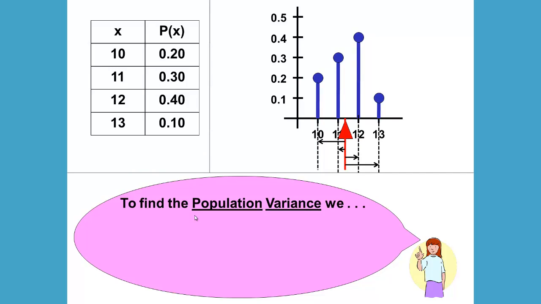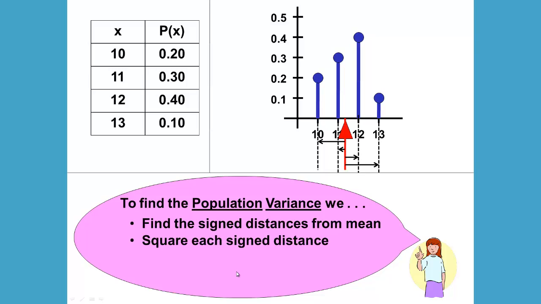To find the population variance, we have 4 steps. First, find the signed distances from the mean. Next, square each signed distance. Next, multiply by the probability or the percent. And lastly, add each of those values together.